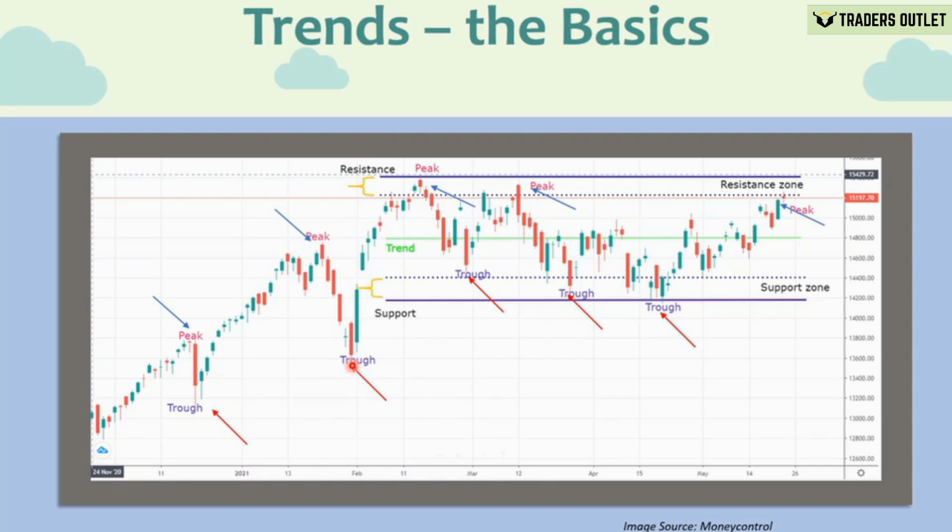If this is a bottom or this is a support, they will look at the candlestick to the left and right of it. If these prices, either on a closing basis or at the day low basis, are higher than the closing of this particular candlestick, then we can say that this middle candlestick is a trough. It applies to a peak as well.